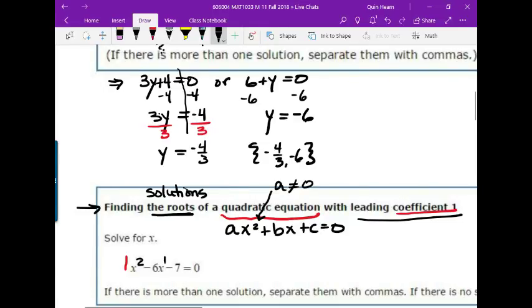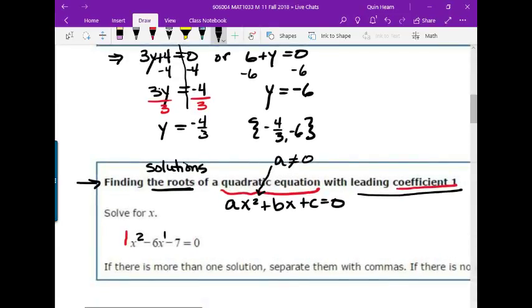This term has to be visible. In this case, a is 1, but it could be any number. It's just that when a is 1, there are some differences in how we are able to solve the equation. So we're going to focus on those types first, and then we'll go on and see what happens when a is not 1. But you see here that we have a is 1, b is -6, and c is -7 in this quadratic equation.